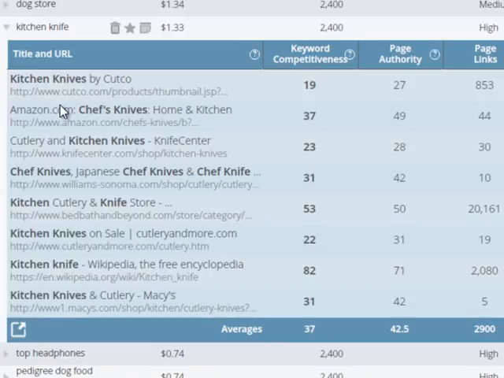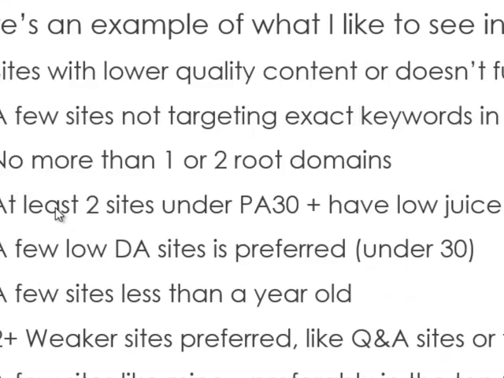Google is smart enough to understand that people searching for knife or knives are really searching for the same thing, so that is something important to keep in mind. Having looked at this, almost every single one of these results is targeting the specific keyword in the title of their page. So there is no weakness in the title. That's strike one.